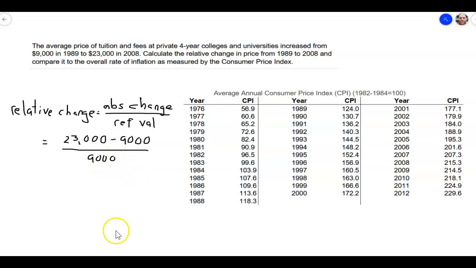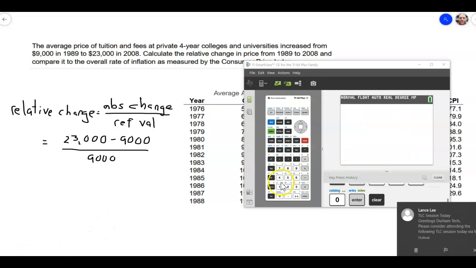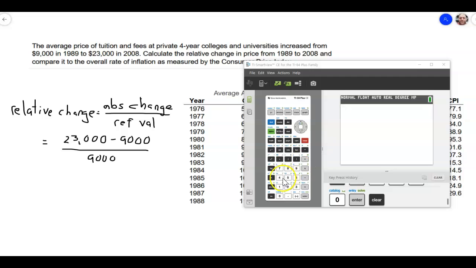All right, we're going to use our calculator. It's going to be 23,000 minus 9,000, enter, divided by 9,000, enter.